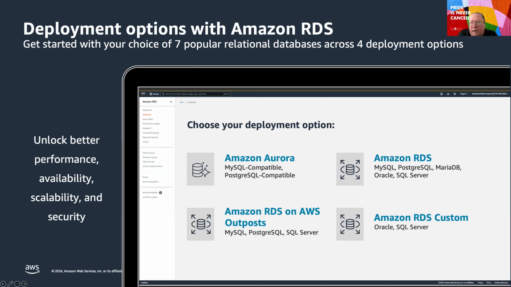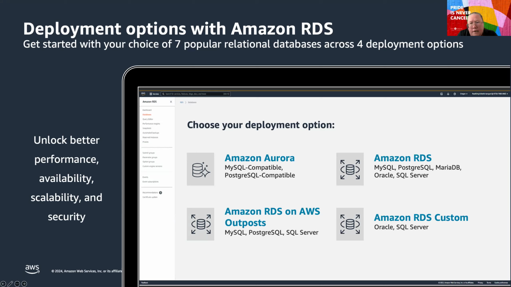Let's say you have a database that is not supported by RDS, you could place it on an EC2 instance and manage it yourself. You can do everything that you could do with a Linux box with EC2 instances and do any customization that you want. So the key things you need to remember about RDS is it's fully managed. It provides you with multiple different engines. You need to choose the flavor that suits you.